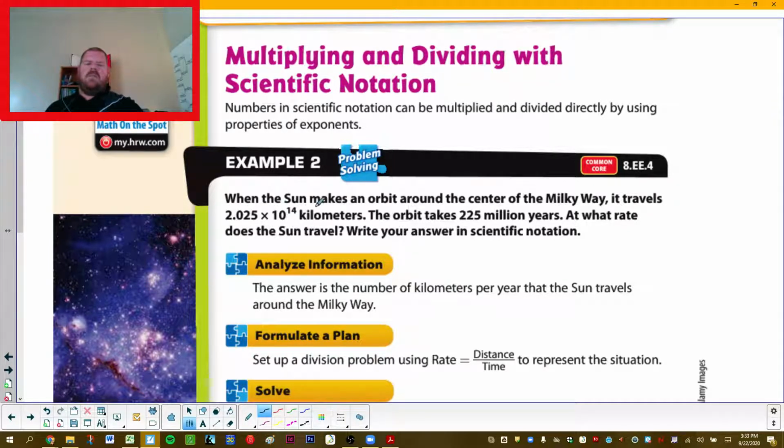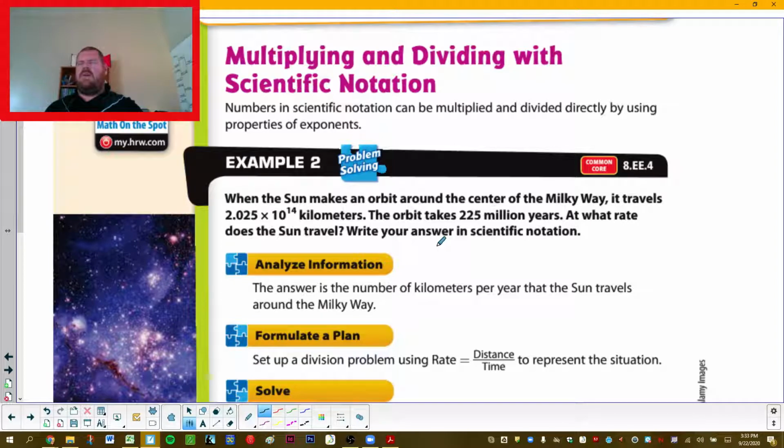It says here, when the sun makes an orbit around the center of the Milky Way, it travels a whole bunch of kilometers. The orbit takes 225 million years. At what rate does the sun travel?